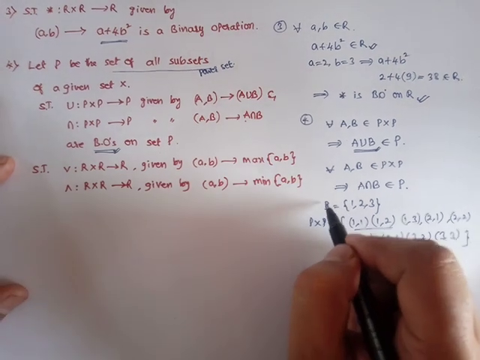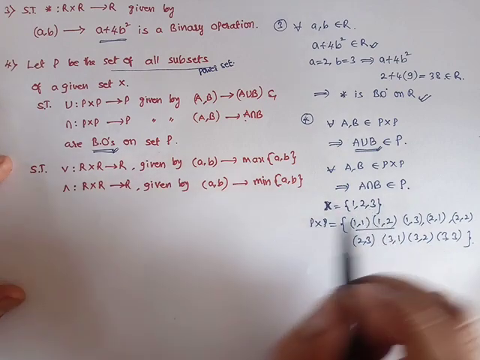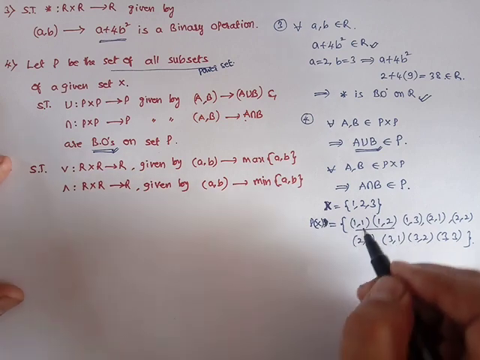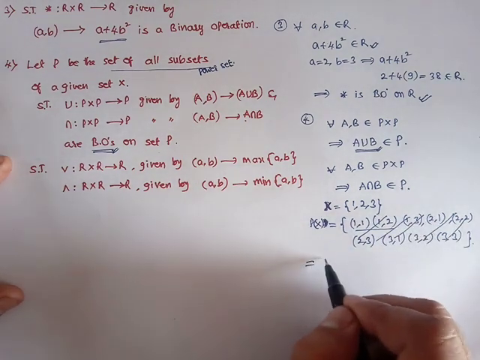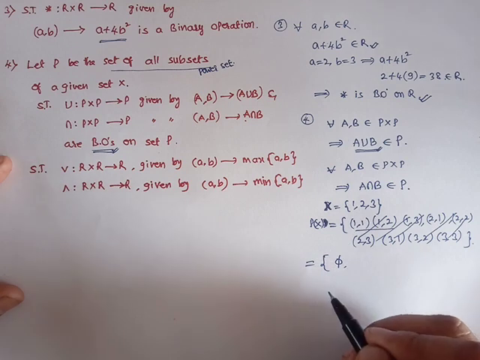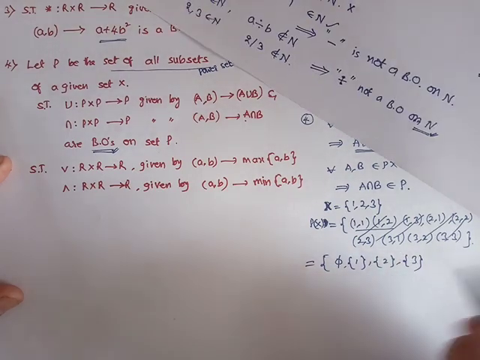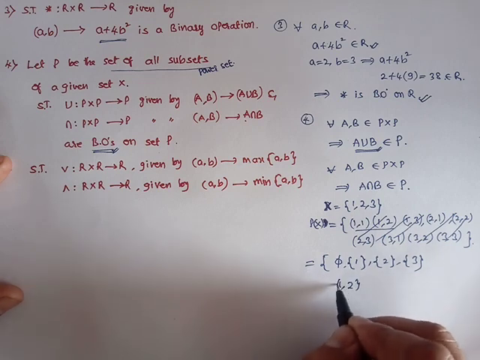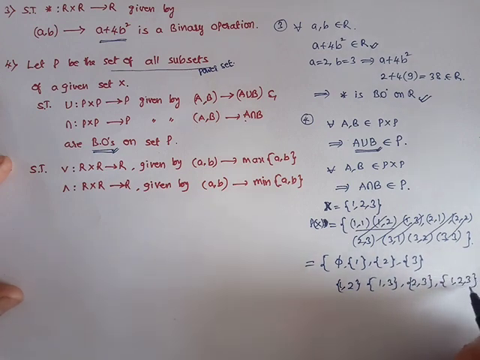Sorry, a small correction here. Take one set X, X equals 1 2 3, and consider the power set of X. So this is not the right one, so just eliminate it. The power set of X will contain the first element phi, the second element 1, next 2, next 3, and taking two elements, 1 comma 2, 1 comma 3, 2 comma 3, and taking 3 at a time, 1 2 3.